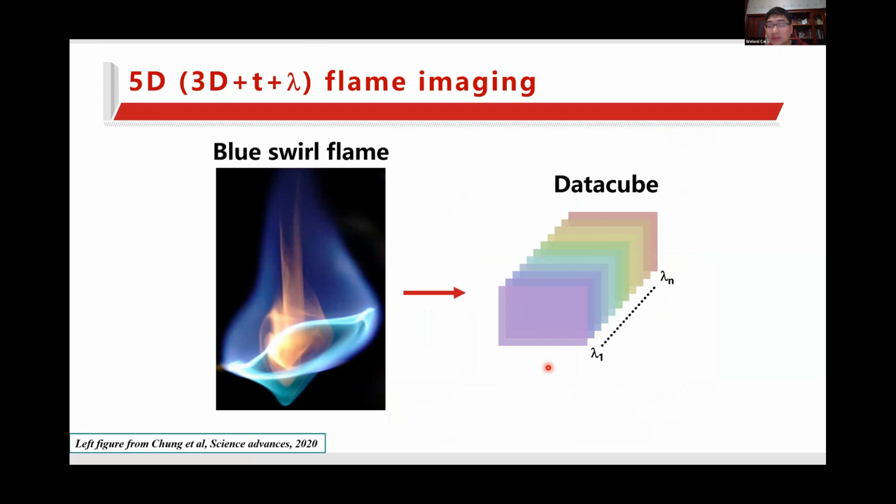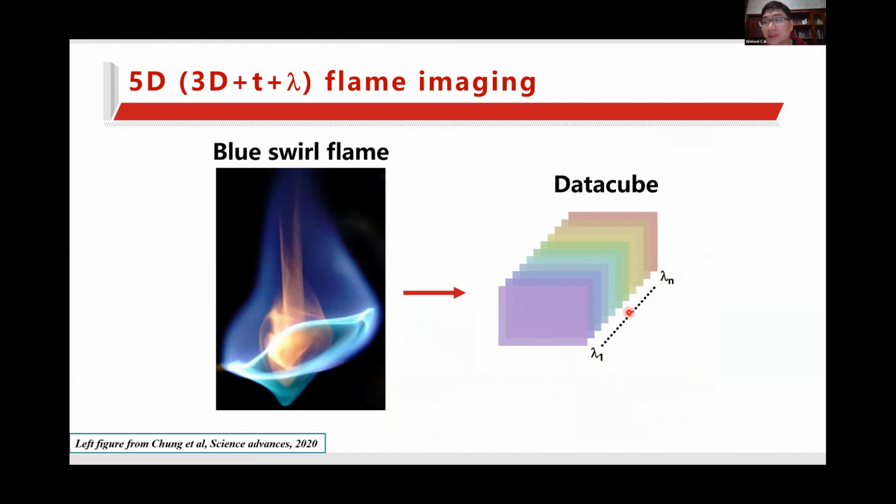So here is the example. Here's the image, which is colorful, as you can see. That means it contains many wavelengths. If we expand the color along one direction, like this, then we have a three-dimensional data cube. So mathematically, it's just a three-dimensional data cube.